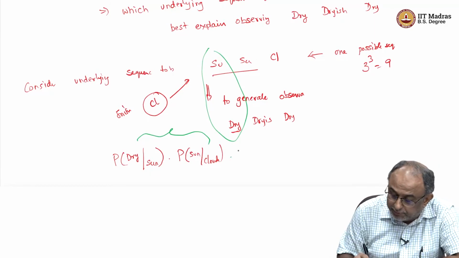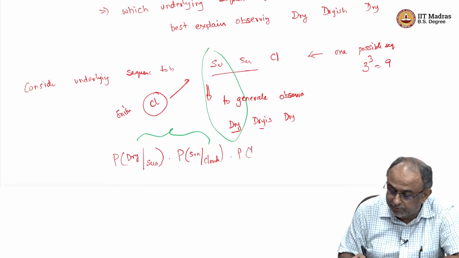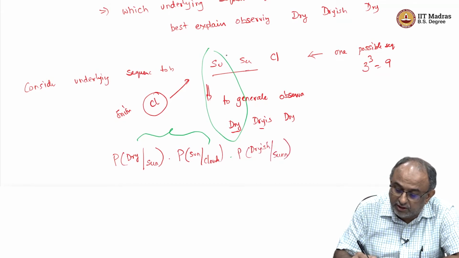So, multiplied by the probability of dryish given sunny, into sunny to sunny had to happen.